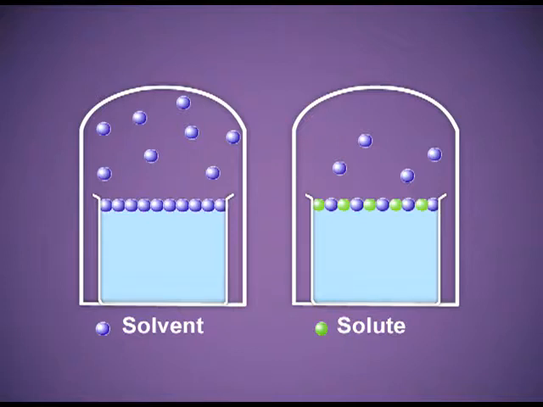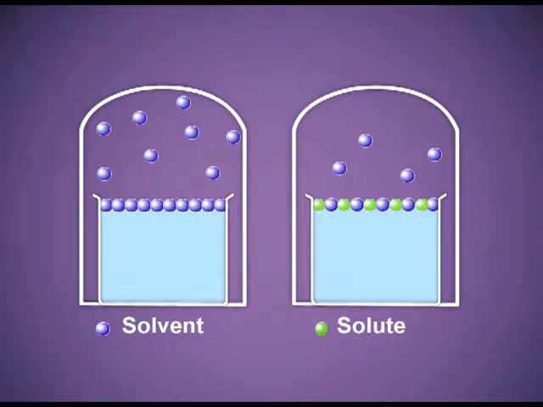The solute molecules will go into the bulk and they will come on the surface also. Now, when these solute molecules come on the surface, the fraction of the solvent particles on the surface will decrease. These solute particles are non-volatile. They will not change into vapor. Only the solvent molecules will change into vapor.